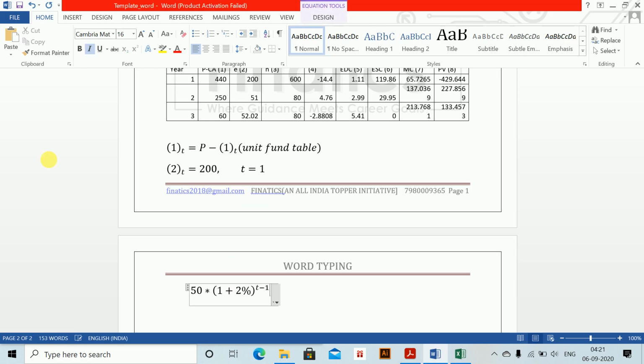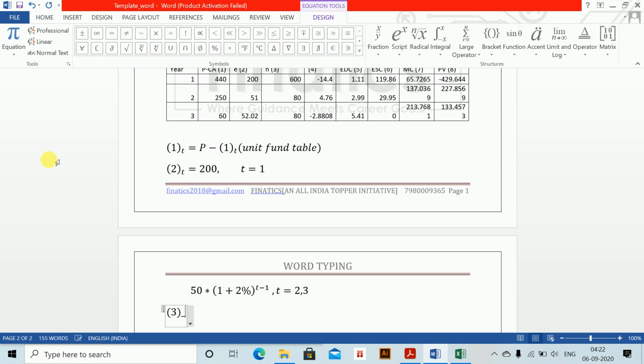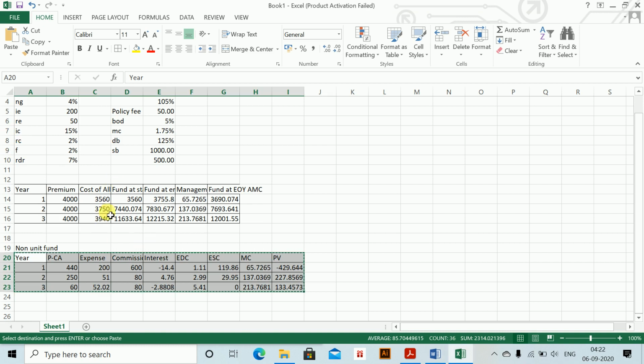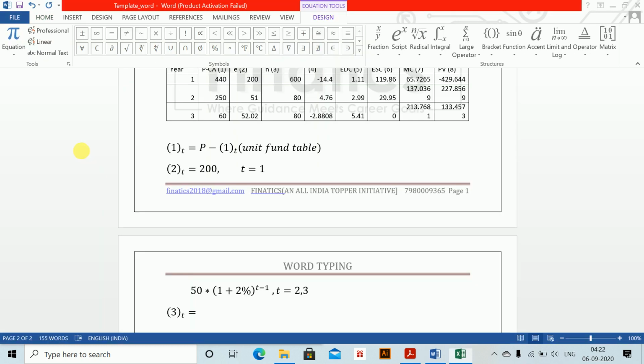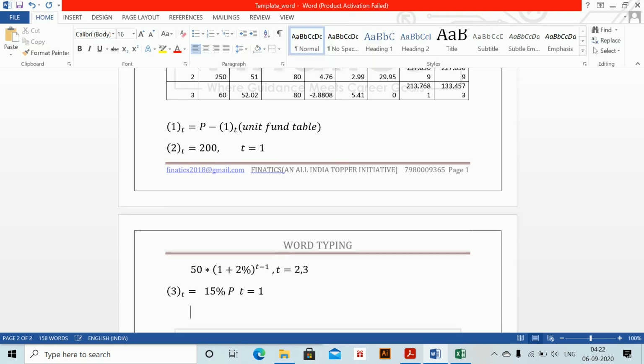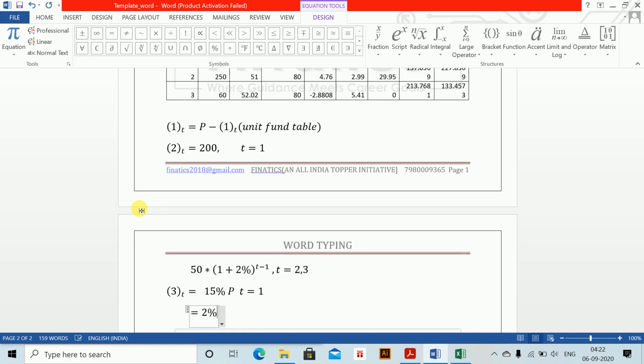Okay, 3_t is equal to commission, the values were 15% and 2%, so 15% into premium for t equal to 1 and 2% into premium for t equal to 2, 3.